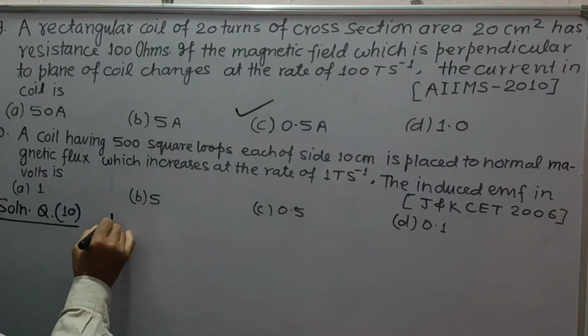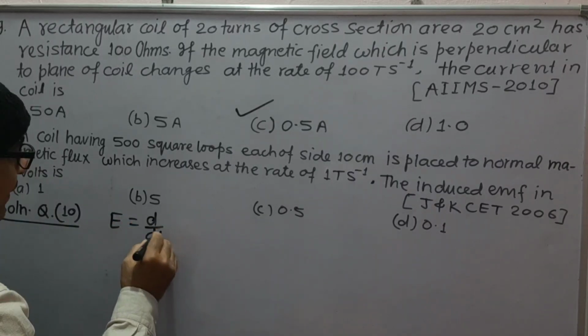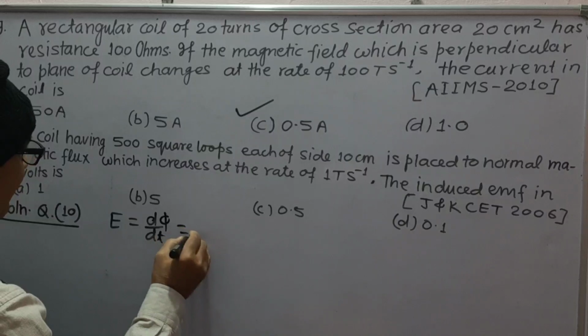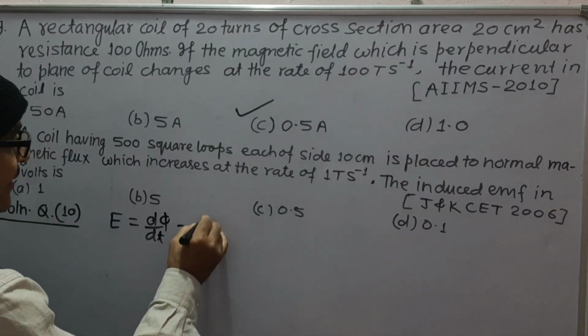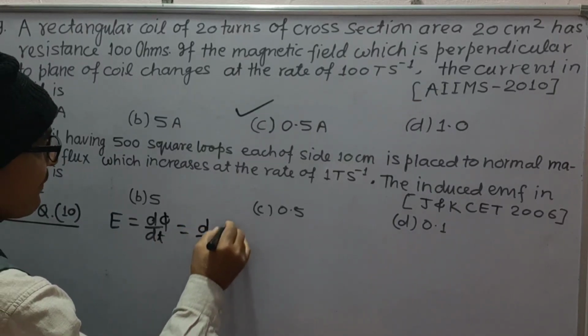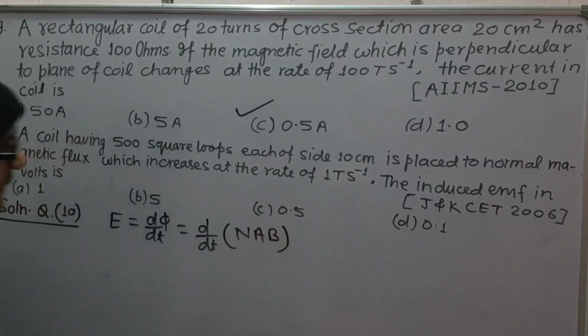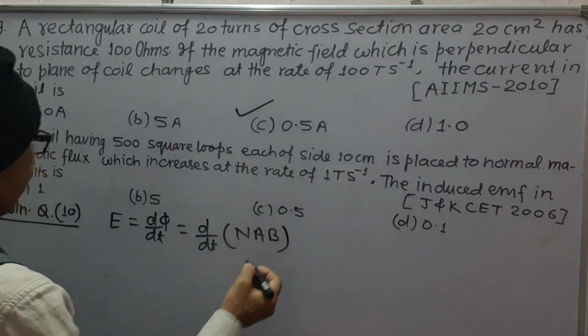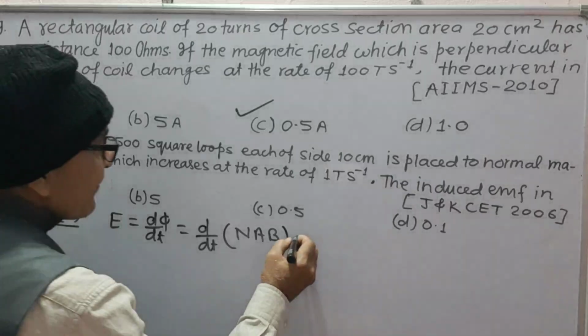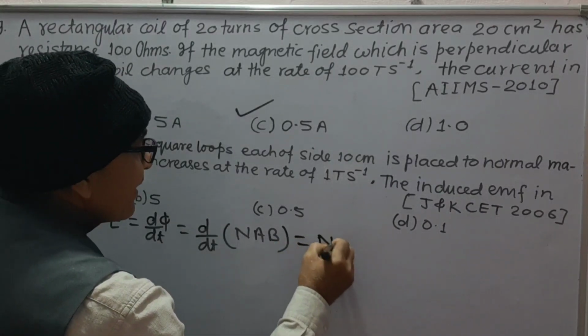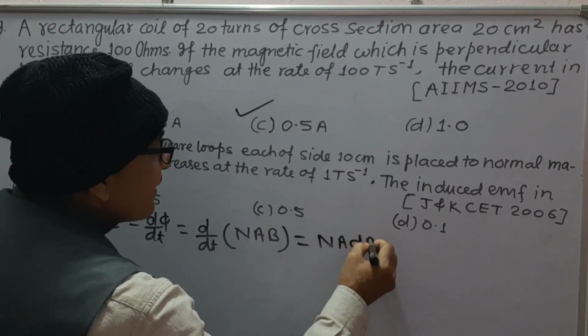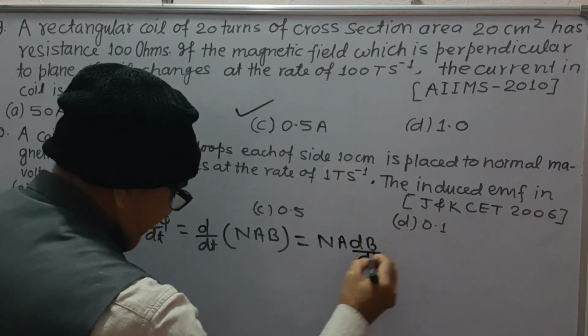The induced EMF E will be equal to d phi upon dt, which may be written as d upon dt of phi, which is NAB. Here N and A are constant, therefore it becomes NA into dB by dt.